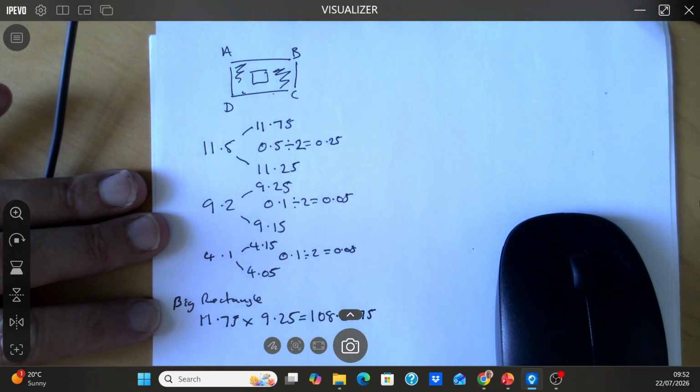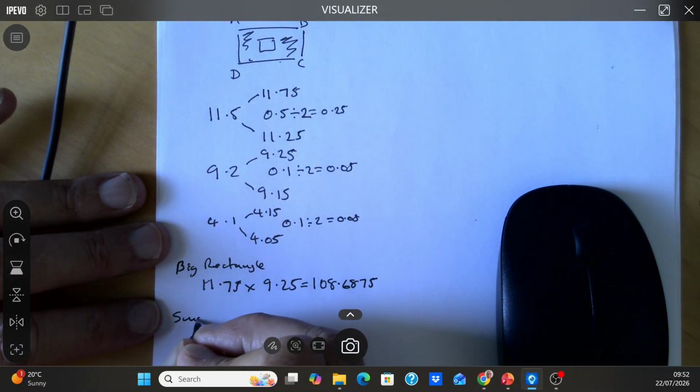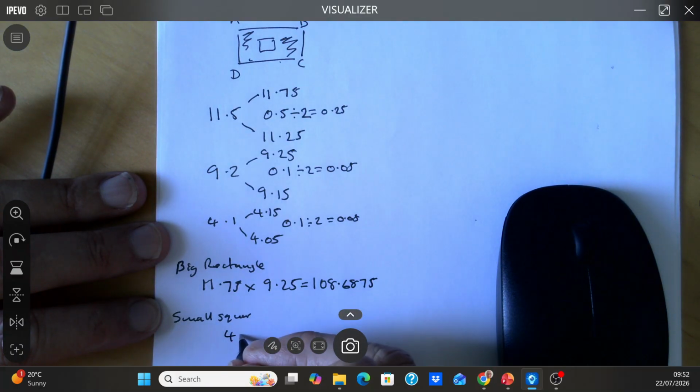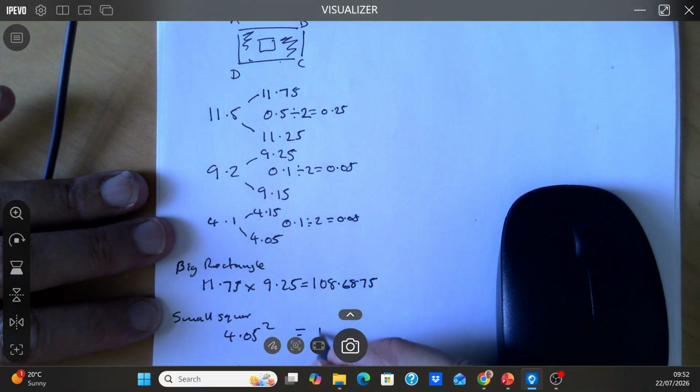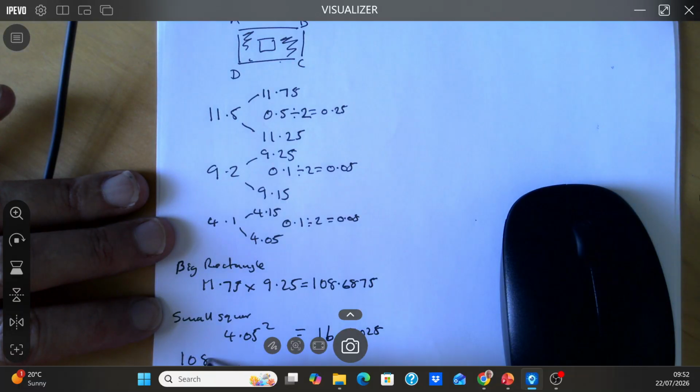So we've now got the biggest rectangle. We now also need to take away the smallest square, which is going to be 4.05 squared. Do that on our calculator, and we get 16.4025.